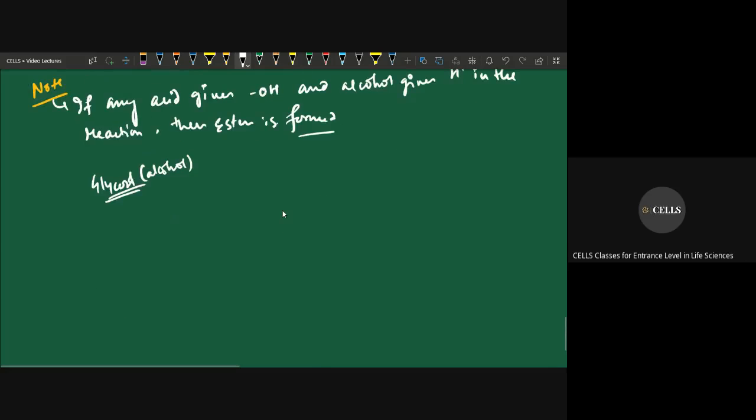CH2OH, CH-OH, CH2OH, and if we react it with 3 HNO3, nitric acid, this is an acid and this is an alcohol. The result will be an ester.